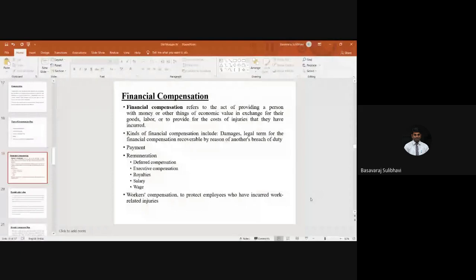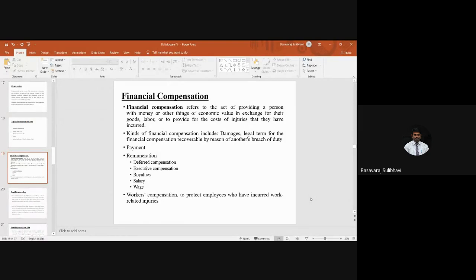So let me start it once again. Financial compensation refers to the act of providing a person with certain money, as I told you, where some amount in the form of salary will be given to him for the work he has done for the organization, or other things of economic value in exchange for their labor.